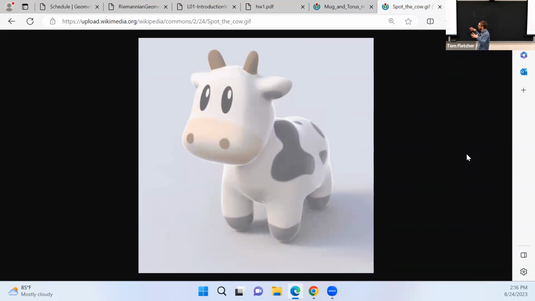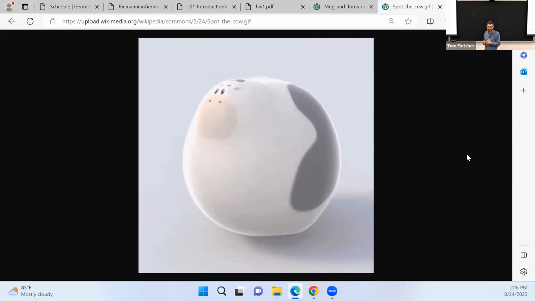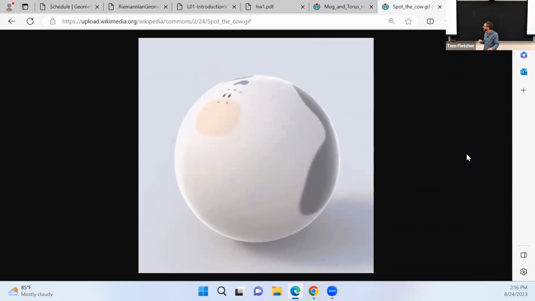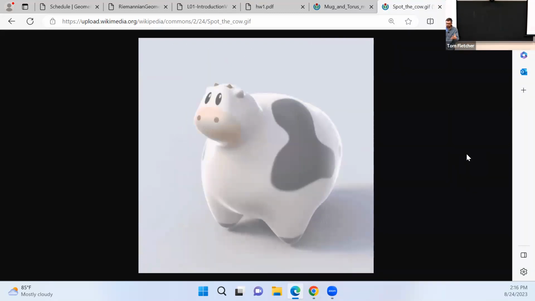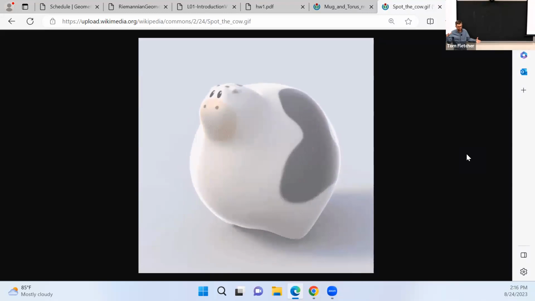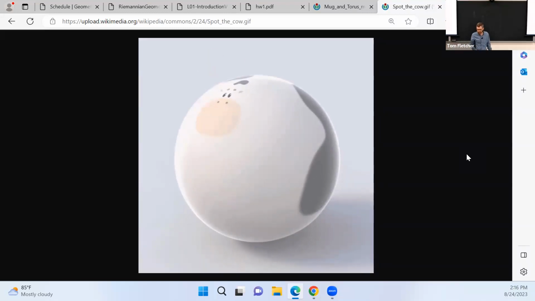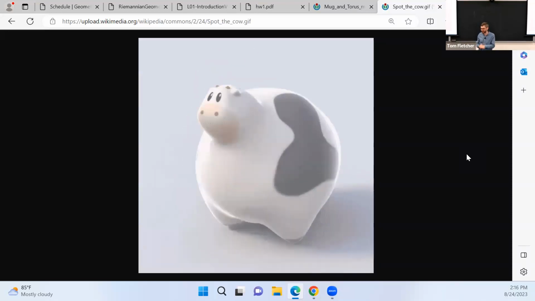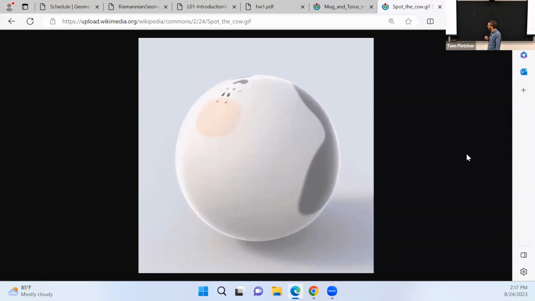It's just being stretched, and that's topologically equivalent. So we would say this cow toy is homeomorphic, topologically equivalent, to a sphere. That's really what we're talking about when we talk about topology. Keep this deforming clay example in your mind when we talk topology.